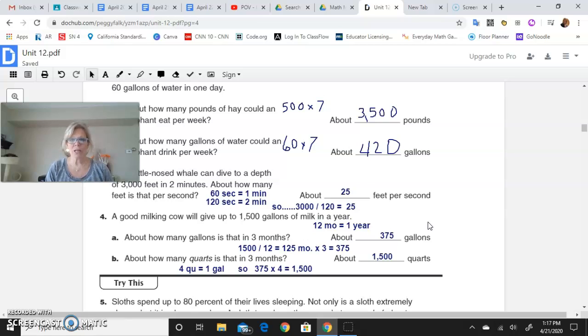Again, we are converting. A good milking cow will give up to 1,500 gallons of milk in a year. About how many gallons is that in 3 months?